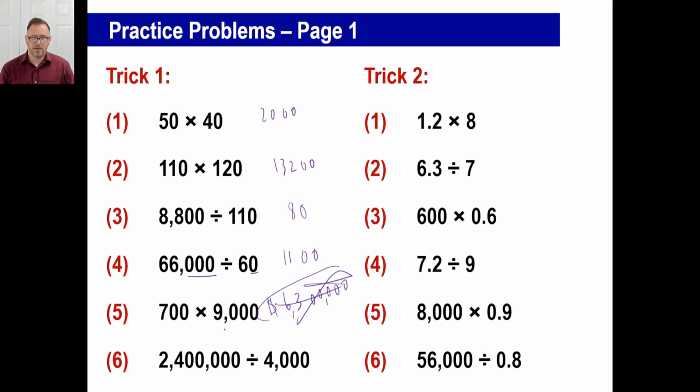Okay, all right. This is a division. 24 divided by 4 is 6, and 5 minus 3 zeros is 2 zeros.